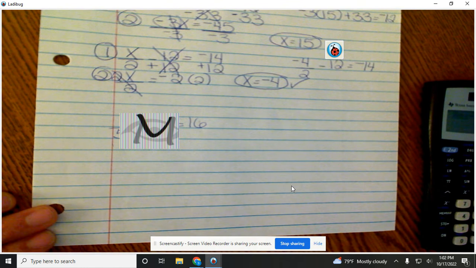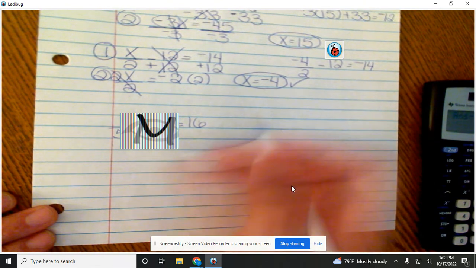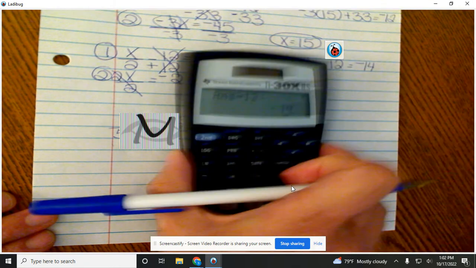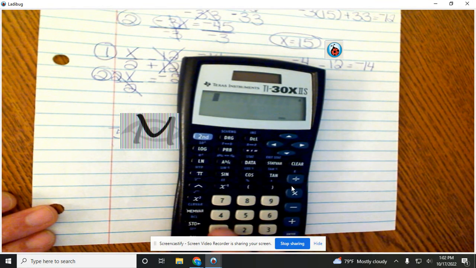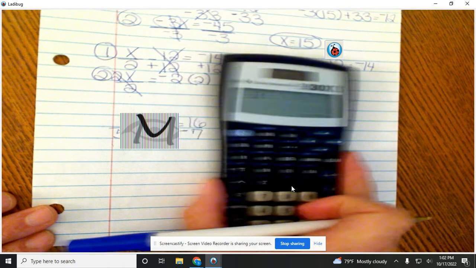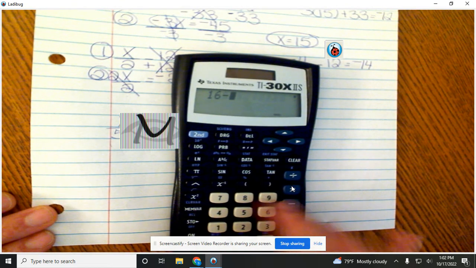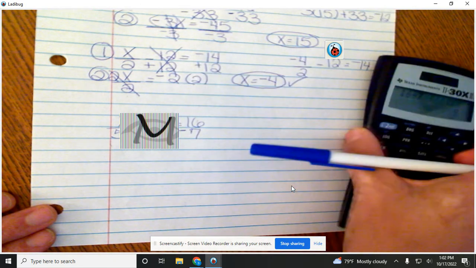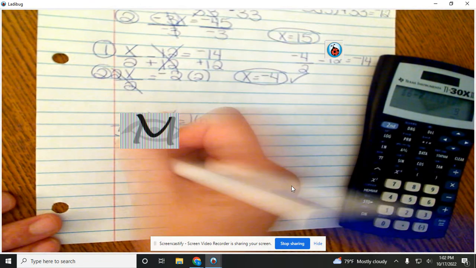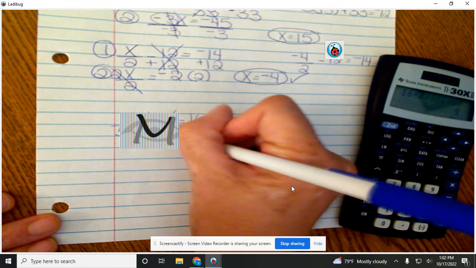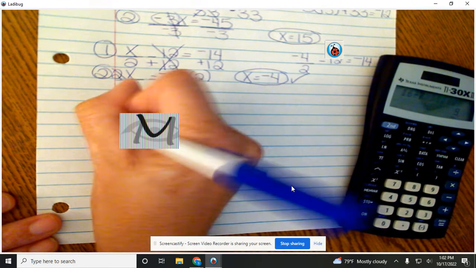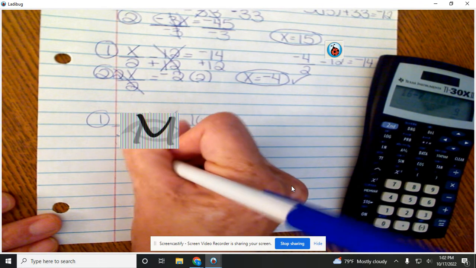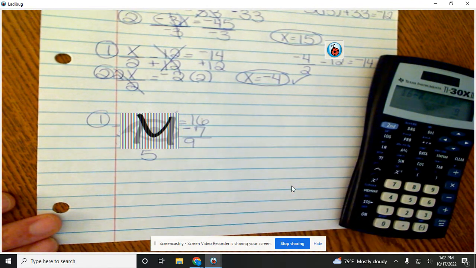But whatever I do to one side, I have to do to the other. So over here, 16 minus 7 gives you 9. If we were to rewrite this, this is step 1. So x over 5 equals 9.